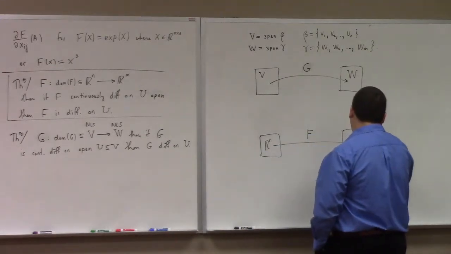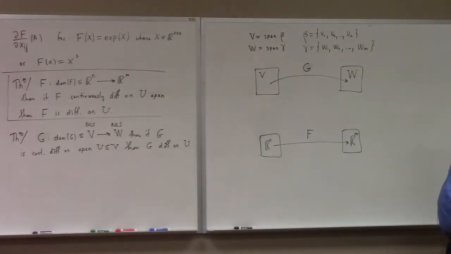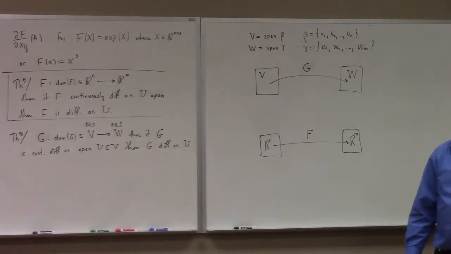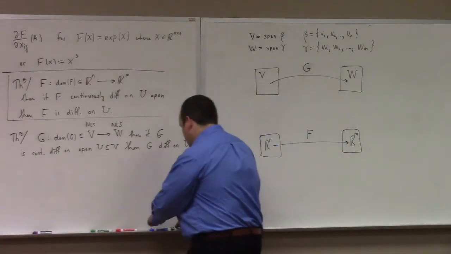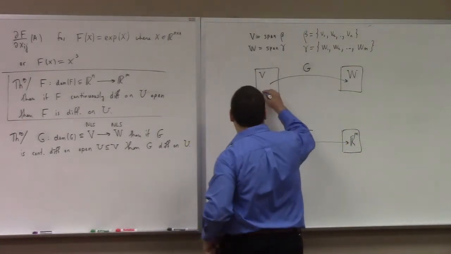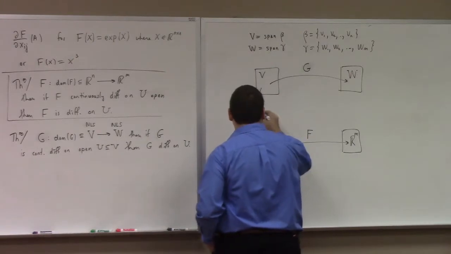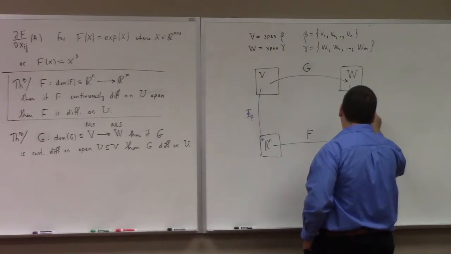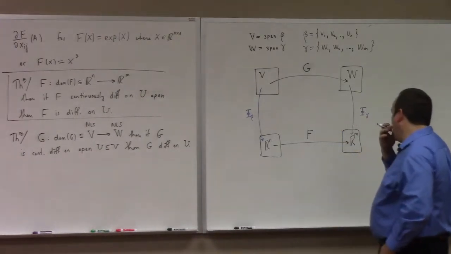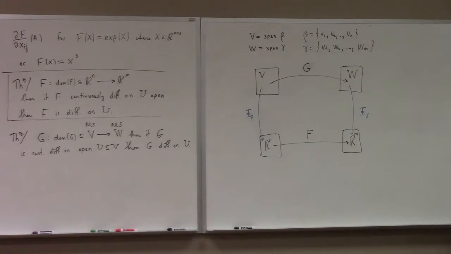So with this picture, how do I get from the normed linear space V and the normed linear space W back down to where we have results? Using phi, which is the coordinate mapping, right. So to get down from V, this would be phi sub beta, and this one here would be phi sub gamma. What is F in terms of G? I mean, what F should we think about, probably?